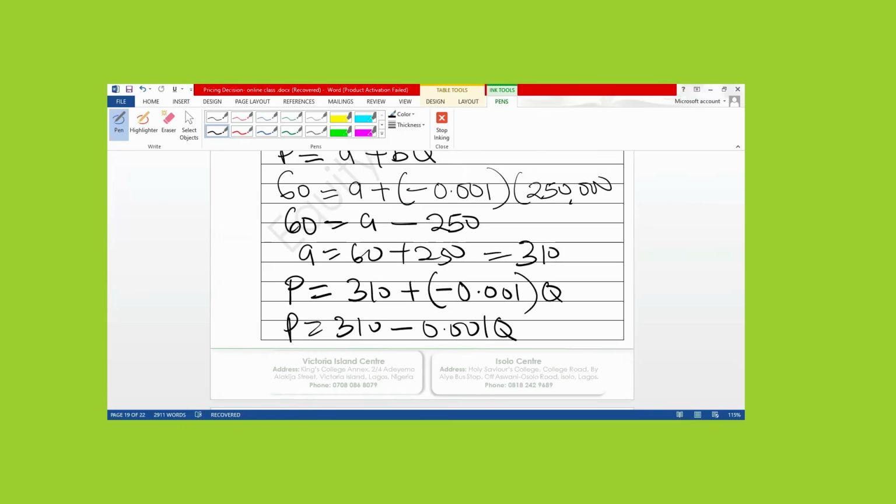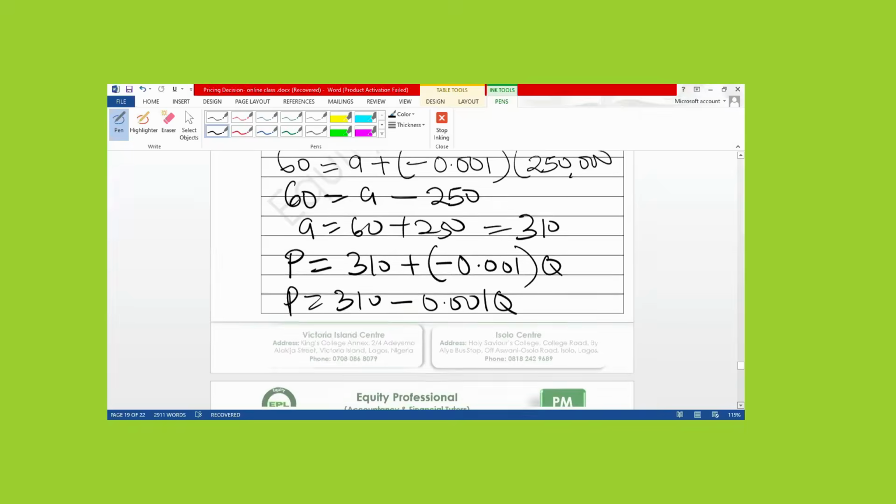Look at the theoretical question we solved. I said it's kept simple. So go through it.